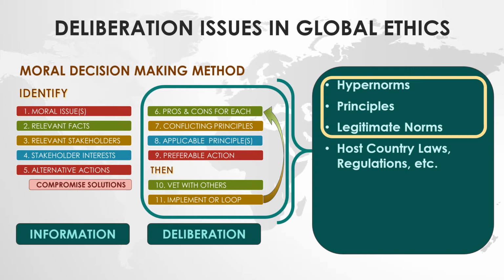Now, our last three steps involve vital resources for completing our picture of the data critical to our decision. The first of these are the host country customs. This resource goes beyond understanding the country's legitimate norms, even beyond understanding all of their norms.